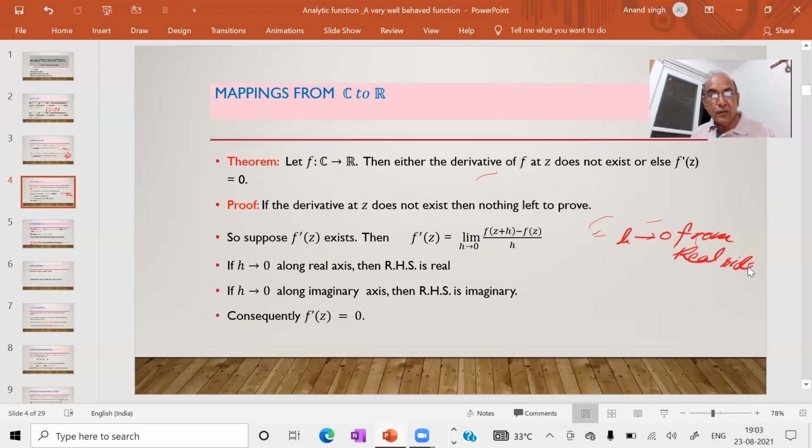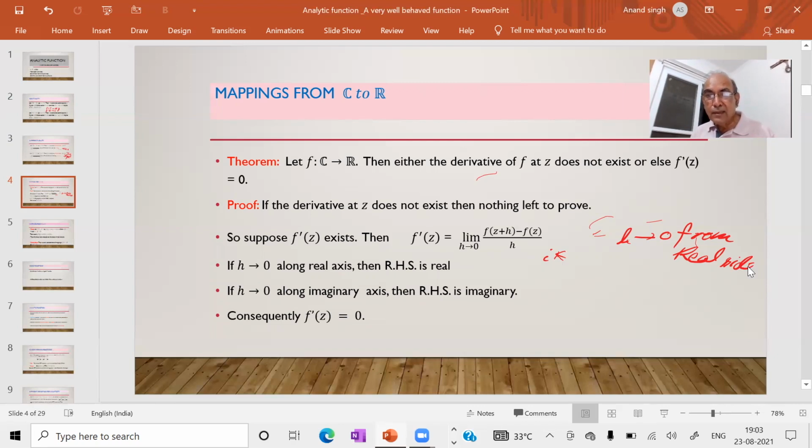Next, if h tends to 0 along the imaginary axis, the numerator is real, and the denominator h is imaginary, so it may be of the form ik. Then 1 over i is minus i, so the whole expression is imaginary. In that case, the right-hand side is imaginary, and consequently the left-hand side is imaginary.